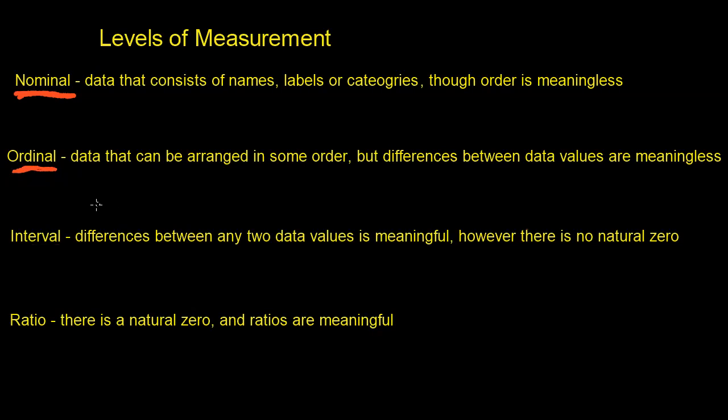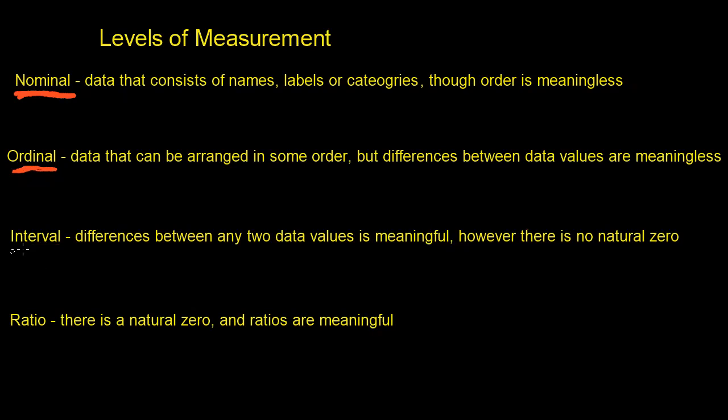Then you could say, okay, so 0 is the least amount of pain and 5 is the most, and someone who answers and says that they're in pain 4, is definitely in more pain than someone who answers and says that they're in pain 2. But if you were to take the difference between 4 and 2, it's a pretty meaningless difference. So that would be ordinal type of data.